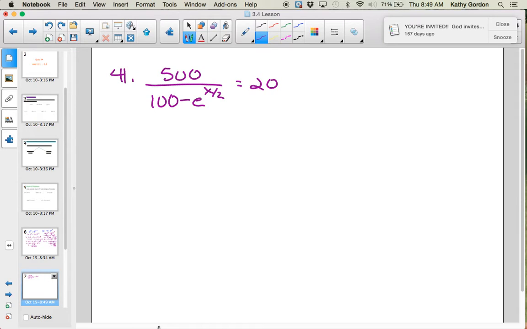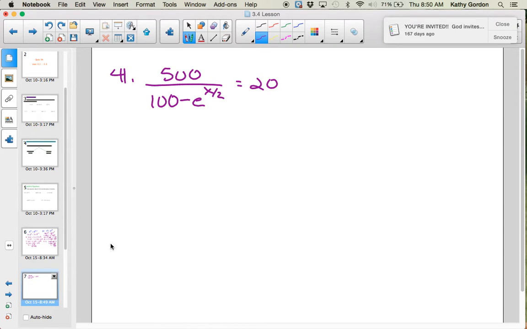Yeah, because ultimately, our first step in these equations is we need to get the exponential part isolated if we can. Because then we'll know what to do in terms of logarithms or using one-to-one or whatever the case is. So I need to do some algebra first to get that e to the x minus 2 bit all by itself.